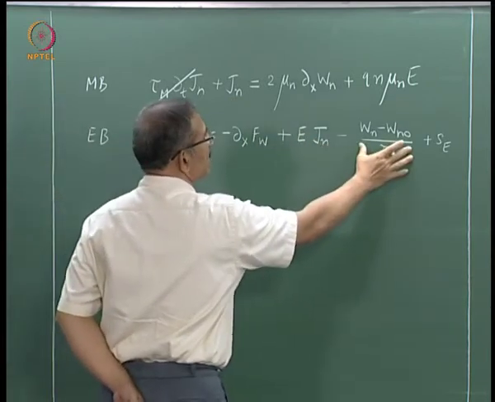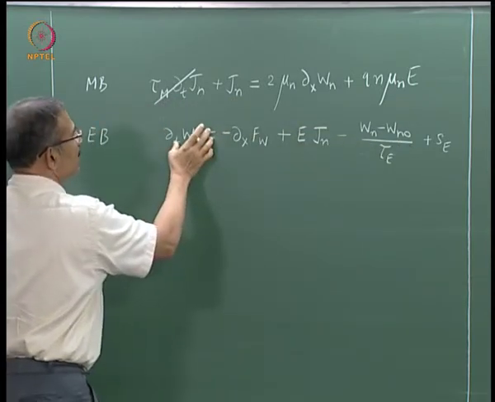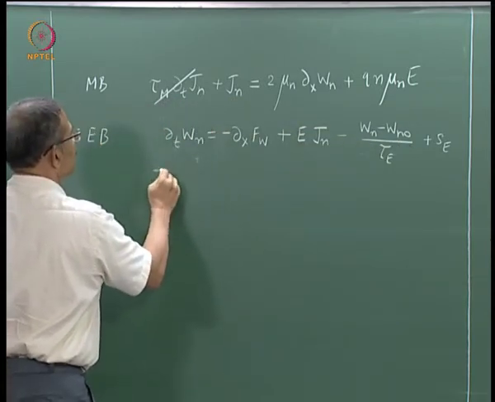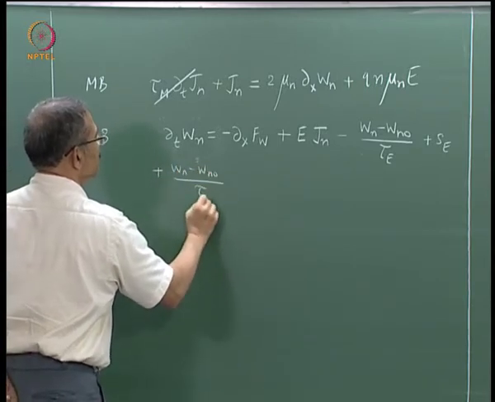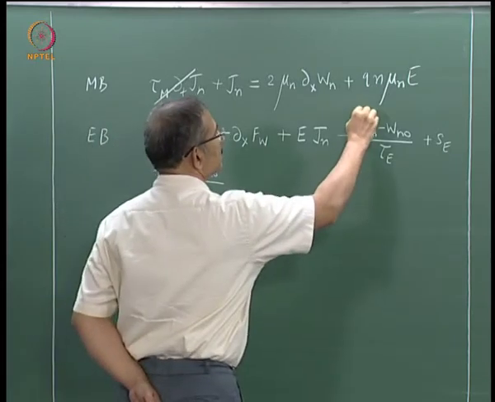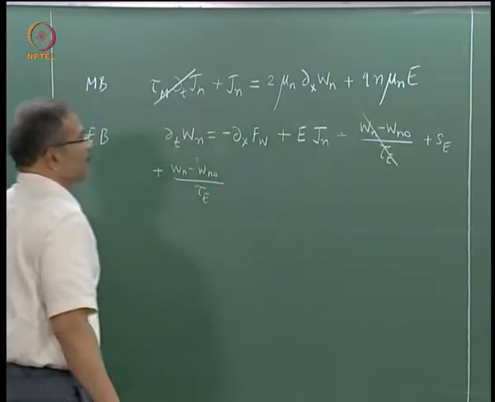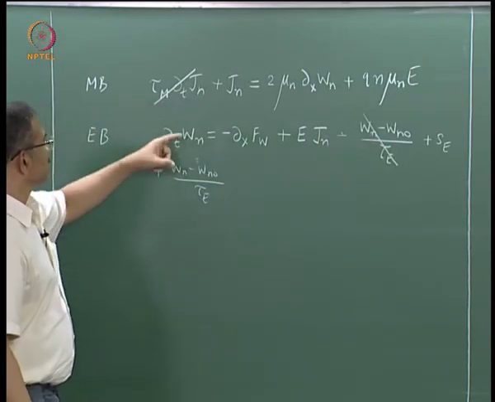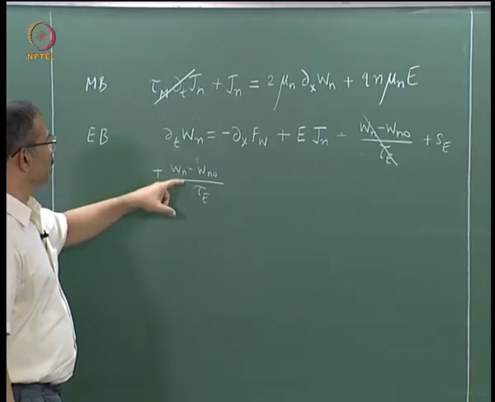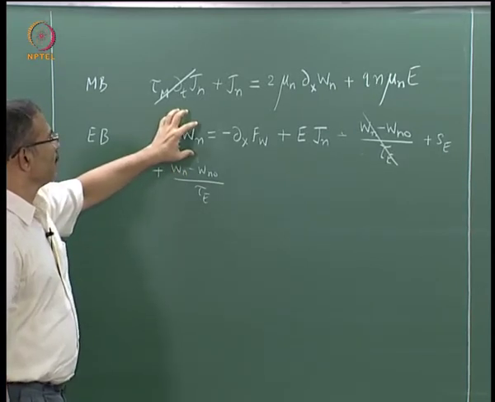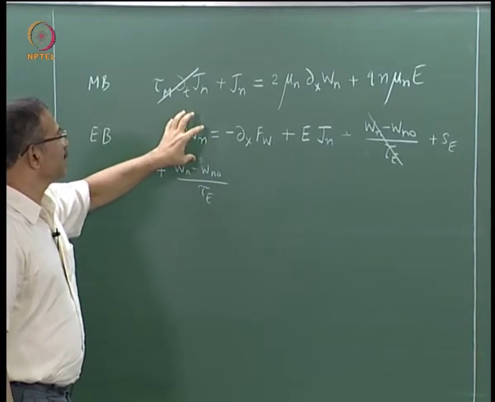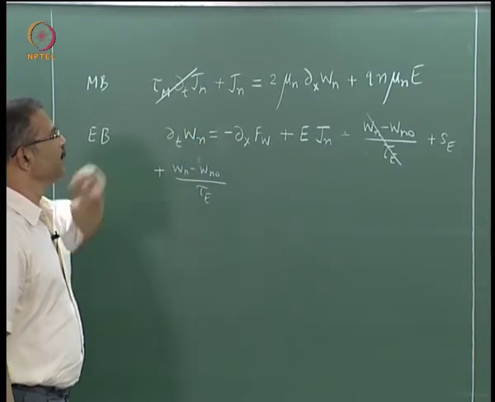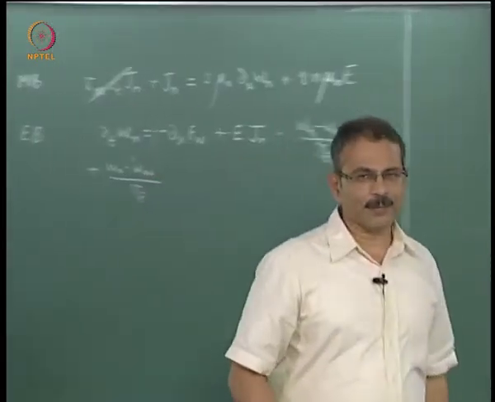We can move this term to the left hand side, and then it will appear as plus Wn minus Wn0 by tau e. Now we can compare these two, and if this is very small compared to this, then you say that the quasi-static approximation or steady state approximation for kinetic energy is applicable. So that is what we have done here.